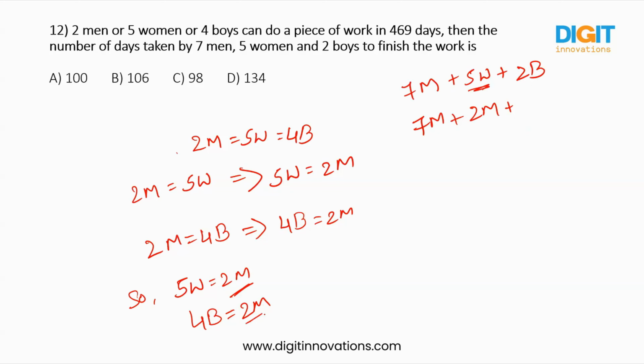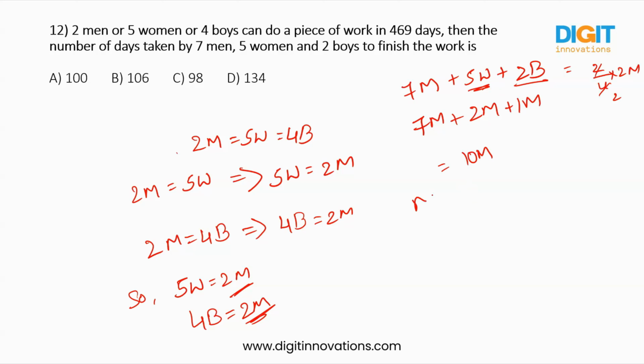So here you will take it as 2m only. But here 2 boys is there. So you have to equate it, so it would be 2 by 4 into 2m, which is 1m. And total it is 10m.